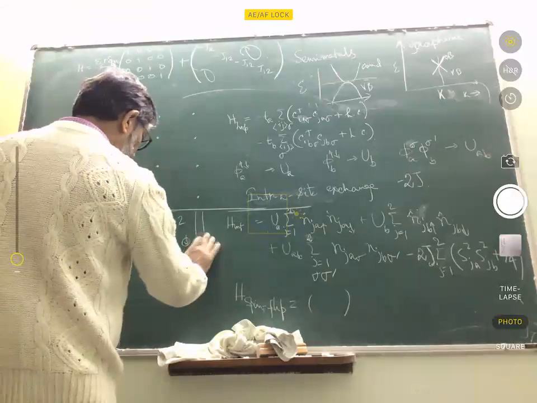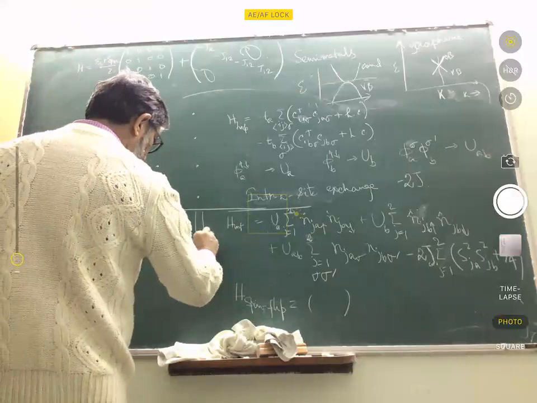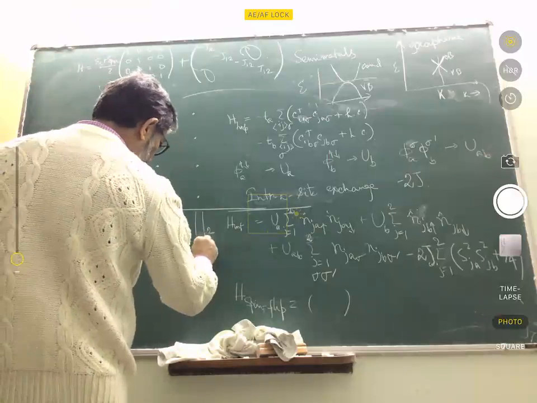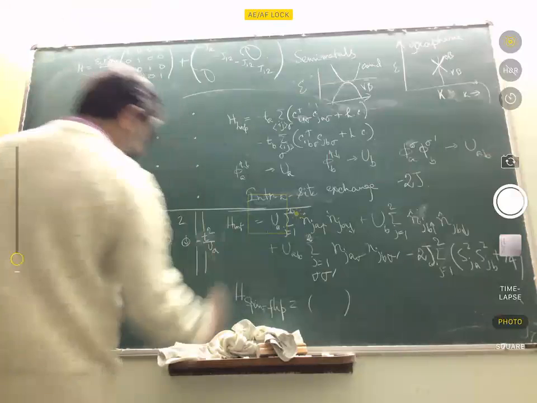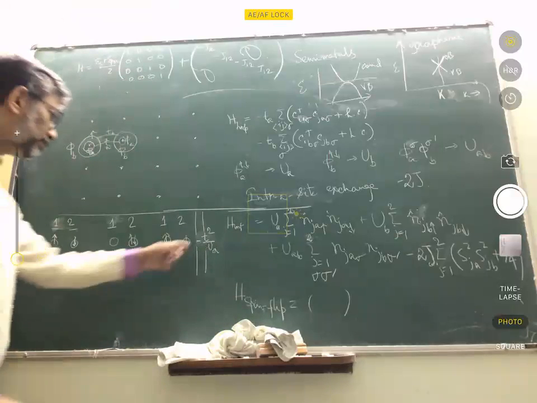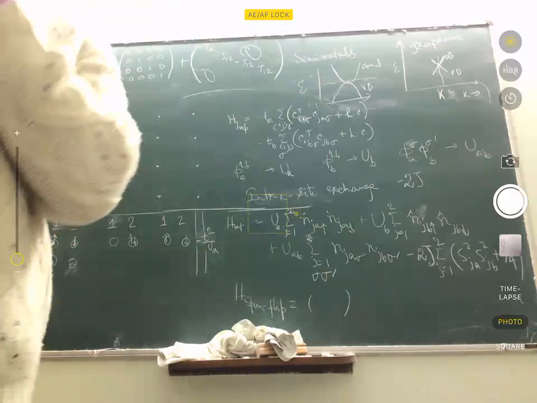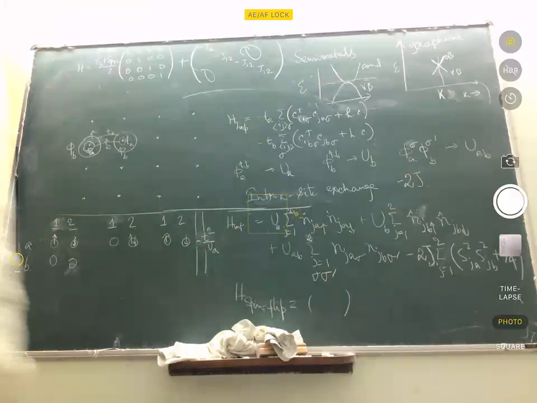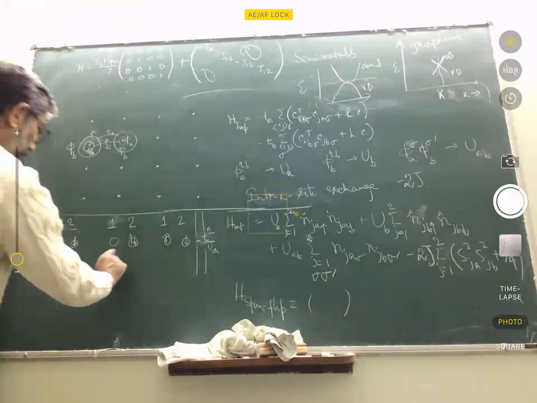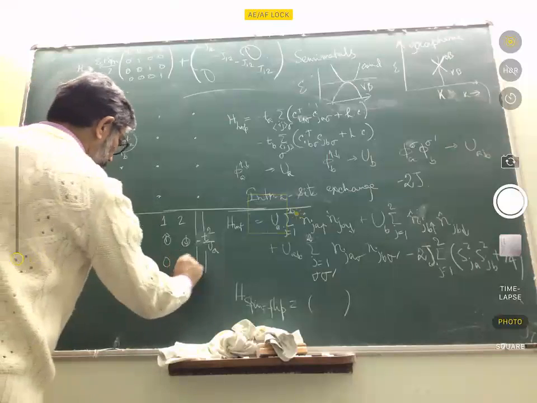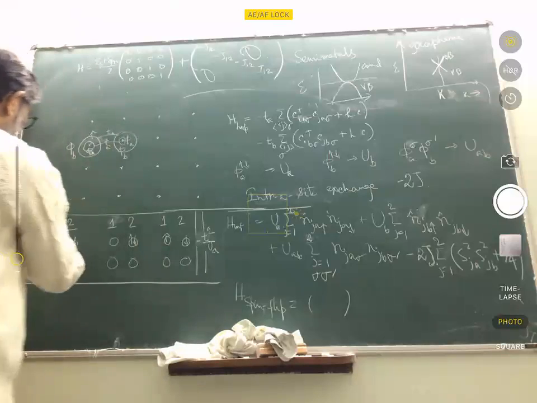So this process would lower the energy by, there's a factor of 4 here, but apart from that, the energy will be lowered by 4T squared over UA. So that's one possible scenario. Nothing is happening on the B sites. Similarly, one can have, so this is a singlet, we call that A singlet.